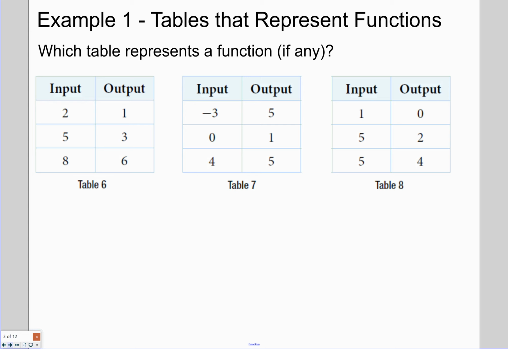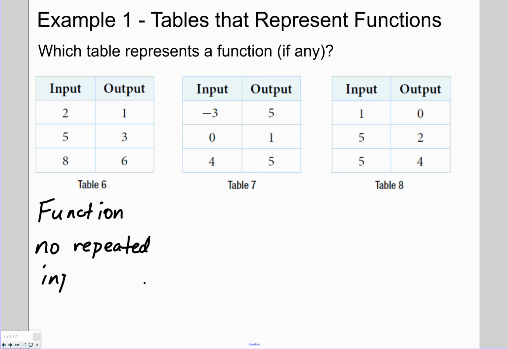Emmanuel, does this table represent a function? Table 6. Why? So you're saying function. Why? Because the input doesn't repeat. So we don't have any repeated inputs.